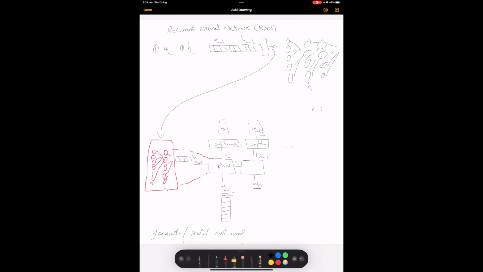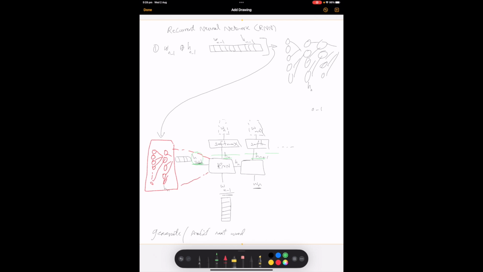So we can see how the hidden states, from the previous word, and then the one from the previous, and so on and so forth, feed into the model to predict the nth word. So we have some kind of memory of the information of the previous words in order to predict the next word.